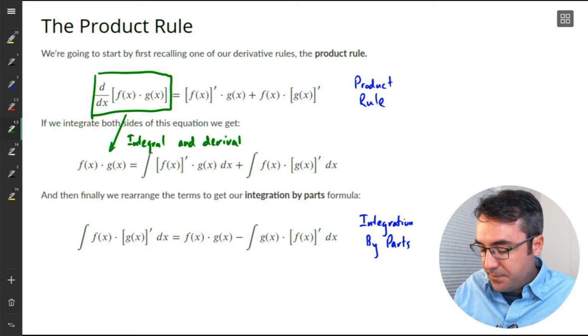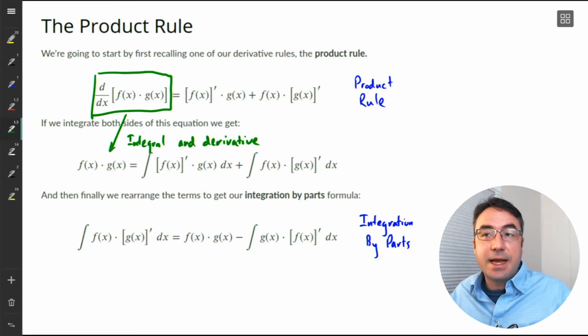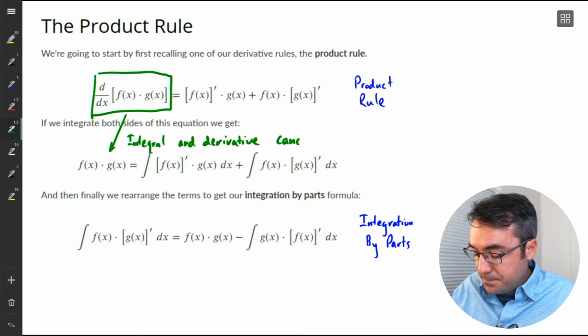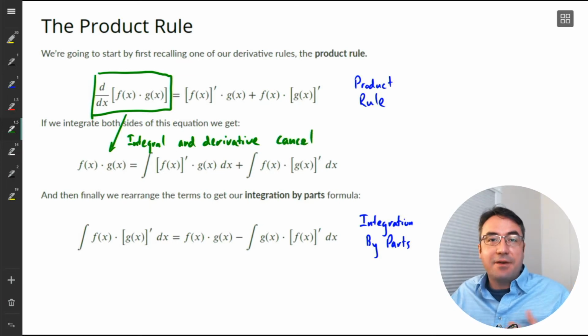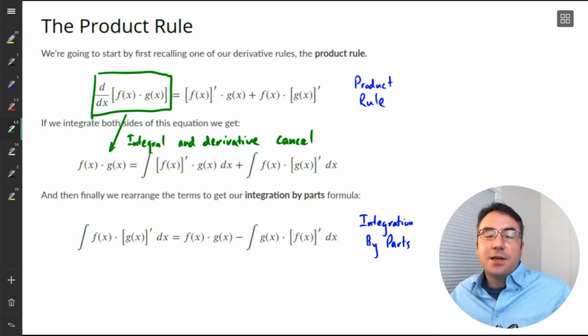And it's specifically because the derivative is being applied to that entire left-hand side. So the integral and the derivative cancel. And that's how we get just f of x times g of x there on the left.